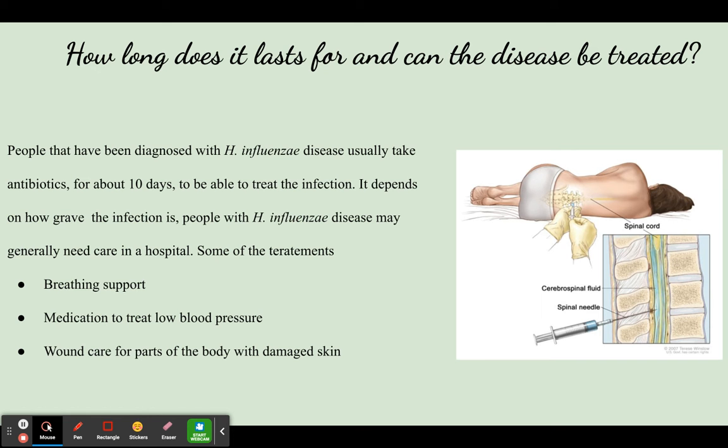Some treatments include breathing support, medicine to treat low blood pressure, and wound care for parts of the body with damaged skin. Even with proper treatment, some H. influenzae infections can result in long-term problems or death. For example, bloodstream infection can result in loss of limbs. Meningitis can cause brain damage or hearing loss, and others can cause death or other problems in your body.